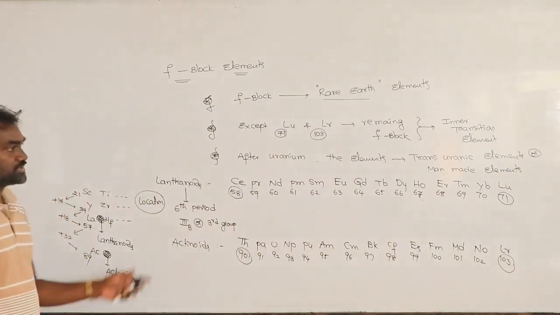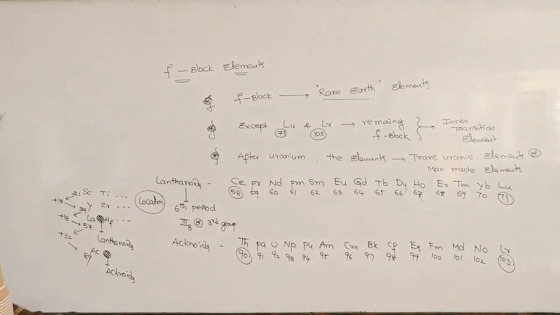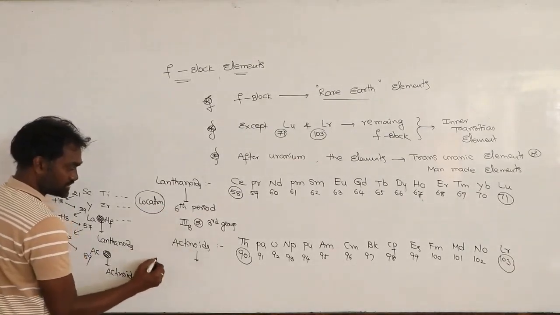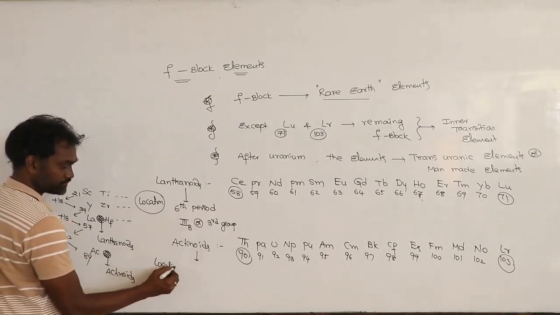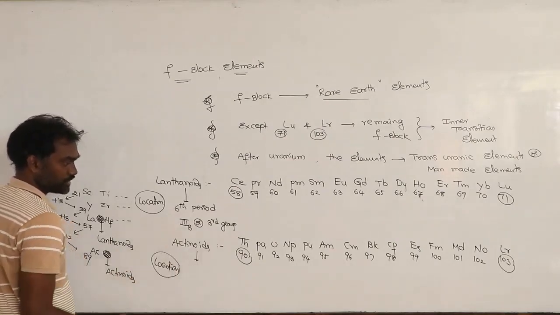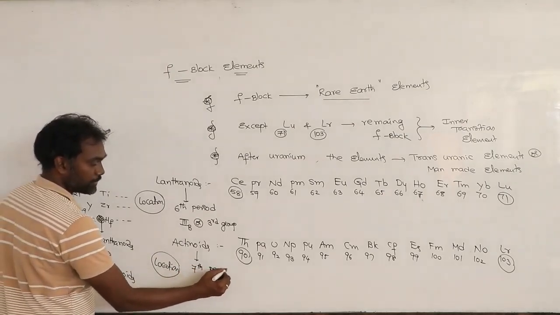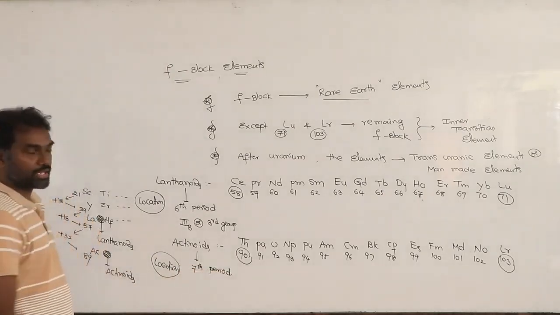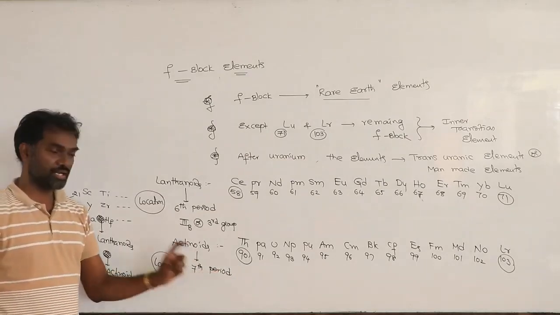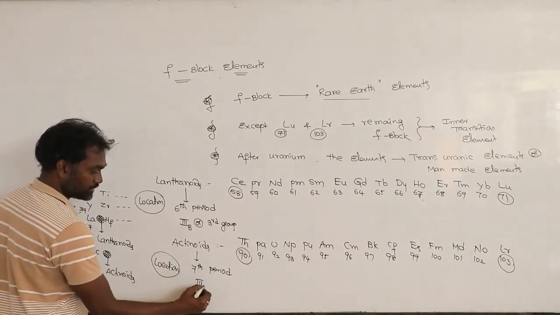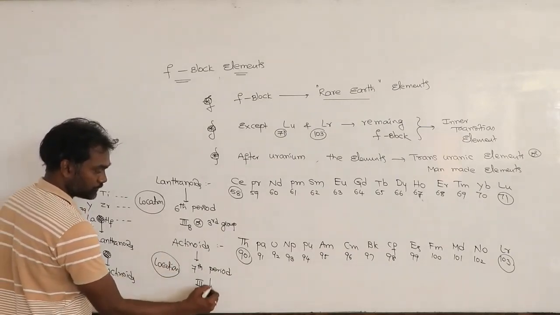Next, the location of these is also important. The location is the 7th period. In the periodic table, if they ask for location, you must state a period and group. This is the 7th period and the group is 3B only.